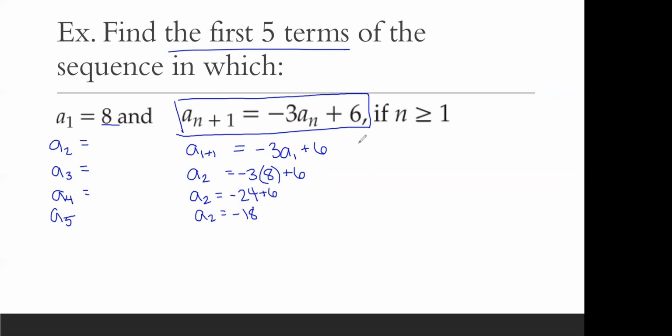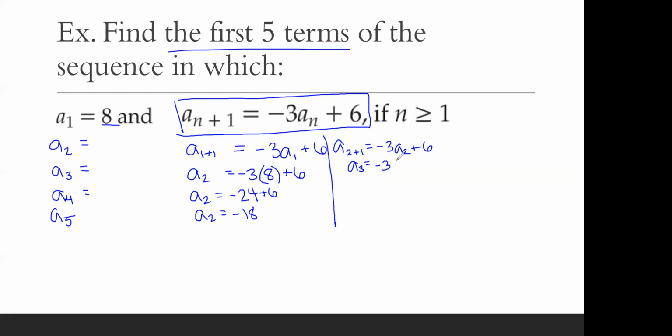Now to find the third term, we would do a sub 2 plus 1, because we're looking for the third term, and that would be negative 3 times a sub 2 plus 6. So we need the previous term to figure out the next term.